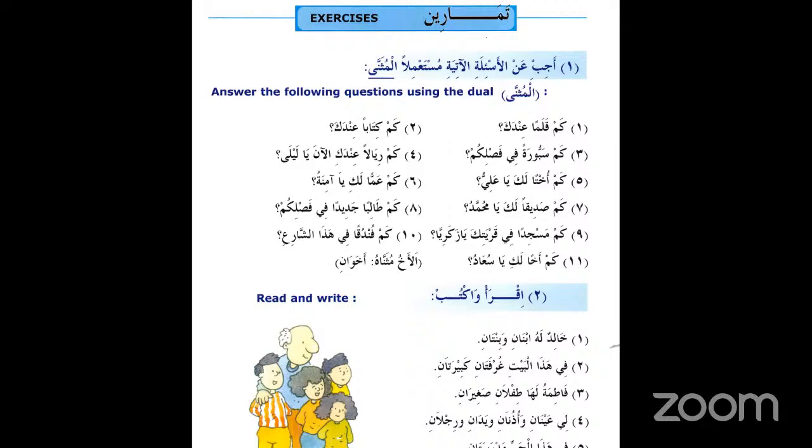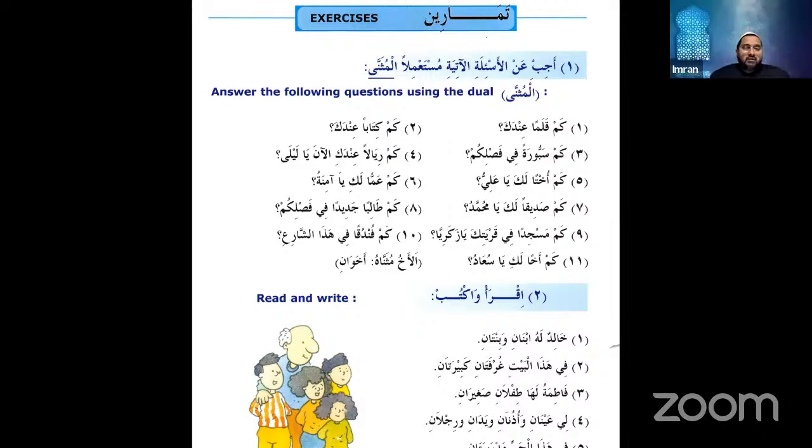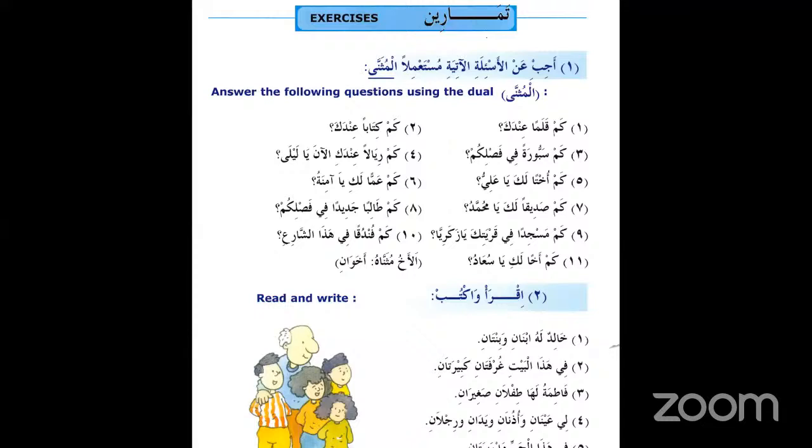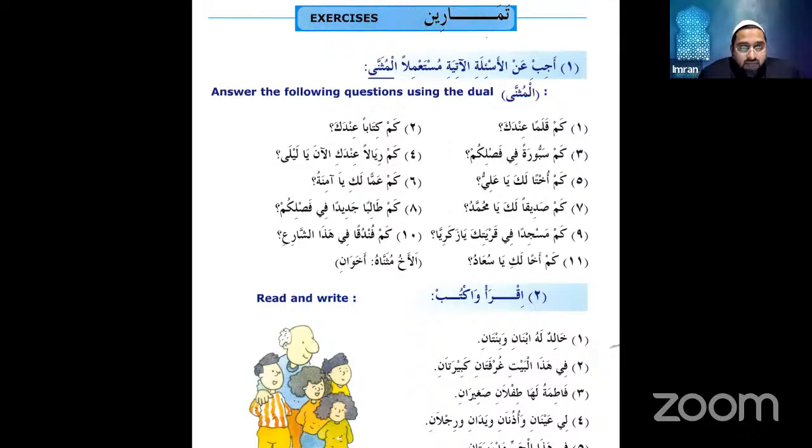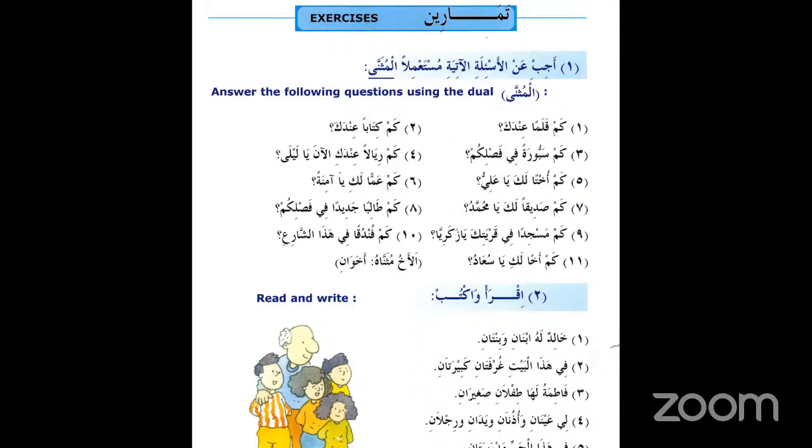كم صديقًا لك يا محمد؟ How many friends do you have, O Muhammad? Li Sadikani, I have 2 friends. Correct. كم طالبًا جديدًا في فصلكم؟ How many new students are there in your classroom? في فصلنا طالبان جديدان. Excellent.